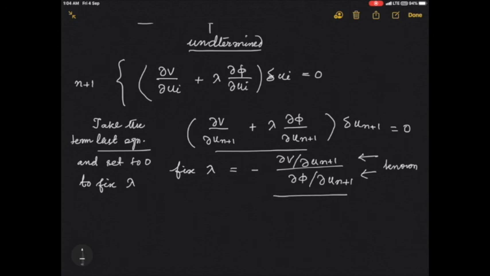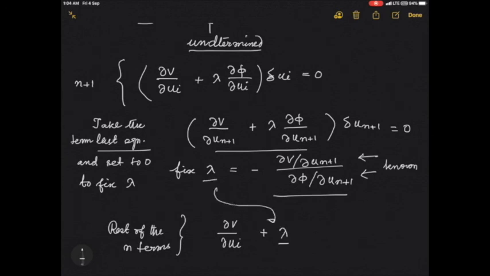So now I can write the rest. The rest of the n terms can now be written as del v del ui plus lambda, which is what is coming from there, you put it there, del phi del ui.